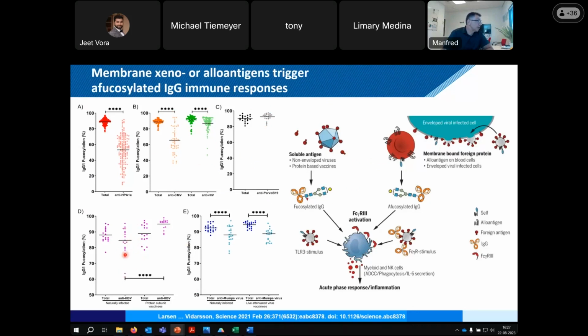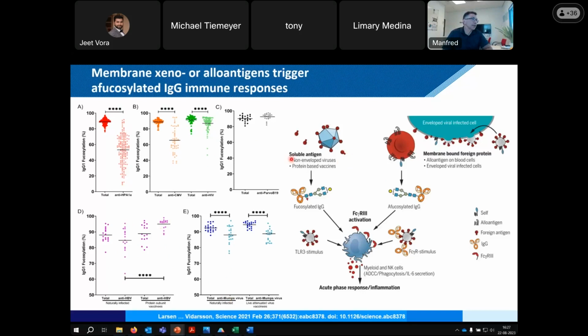So some patients have low fucosylation, whilst the vaccination, which is a soluble protein domain, comes with a high level of fucosylation. Initially we were puzzled by this, but we came up with a hypothesis, which until now holds true.